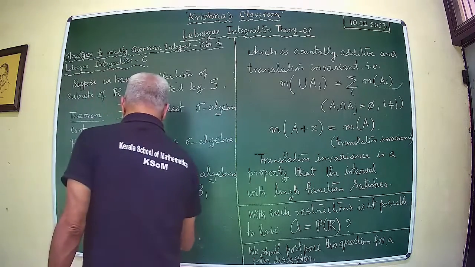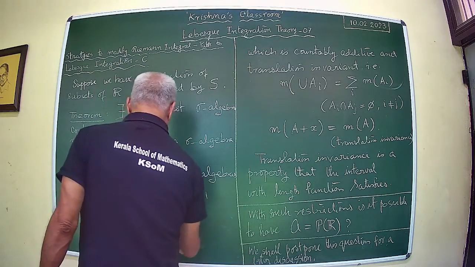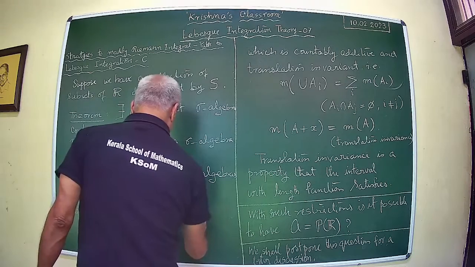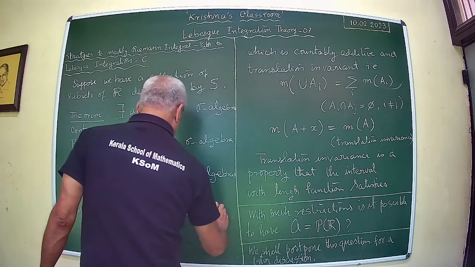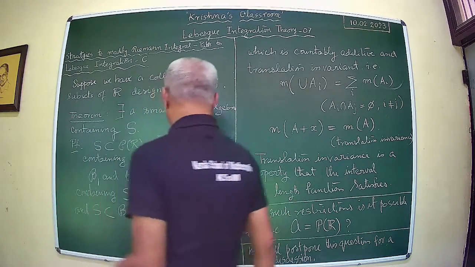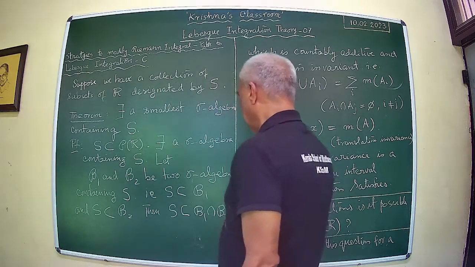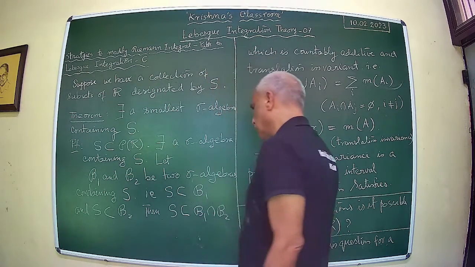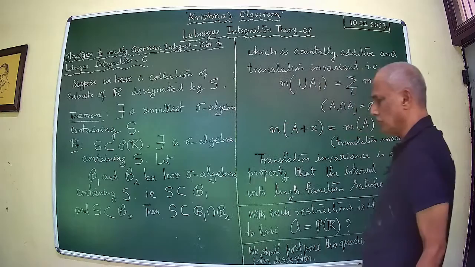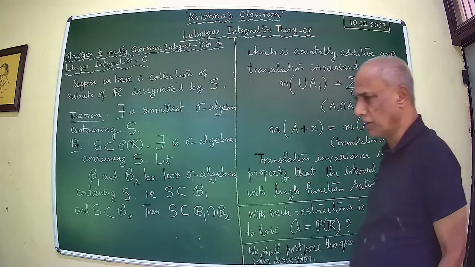Then since S is contained in both B1 and B2, B1 intersection B2 is non-empty.